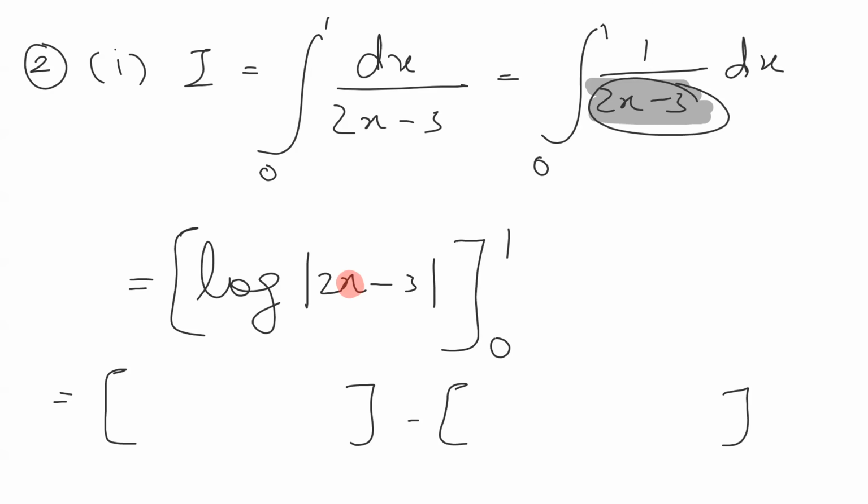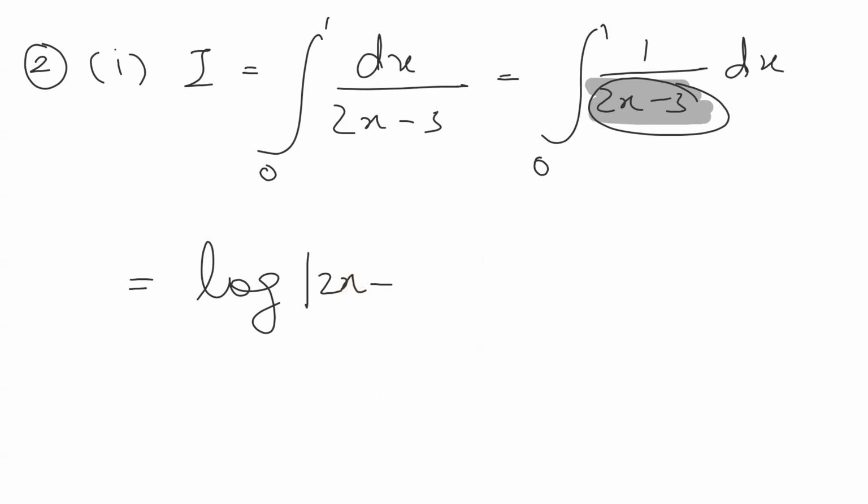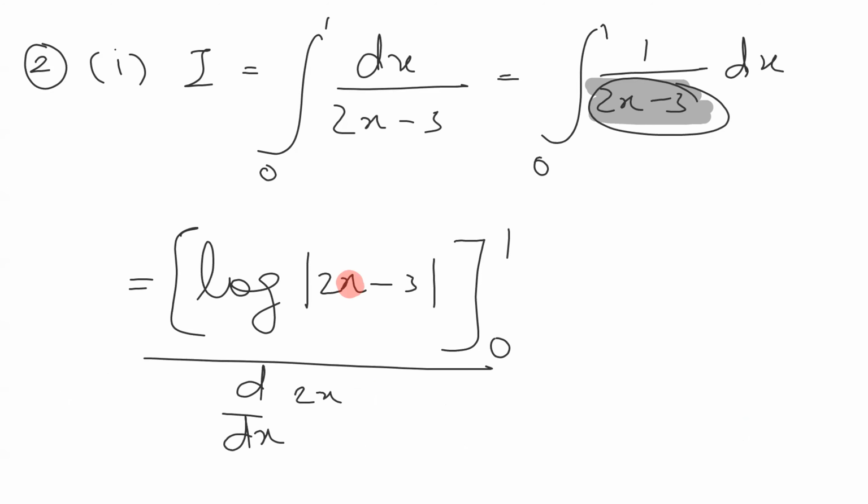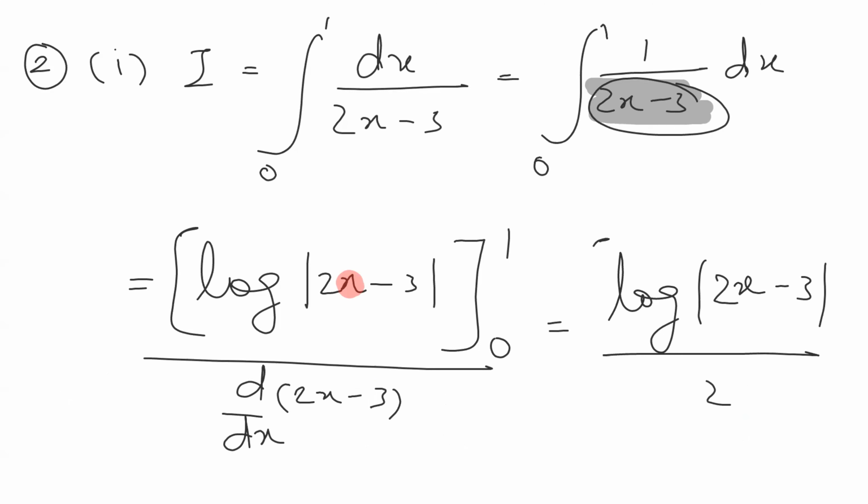Yeah, I just forgot the chain rule. Thank you for that. So down it will be upon d by dx of 2x minus 3, because we are applying the chain rule. So this will be log modulus 2x minus 3 upon 2. And then 1 and 0.